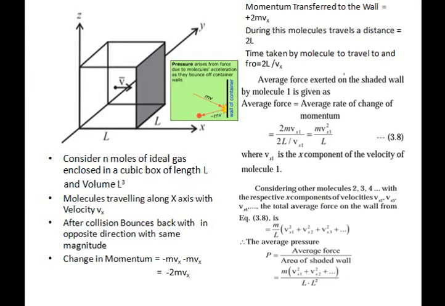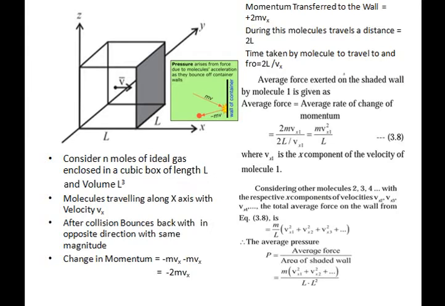Now in a similar manner, we have n number of molecules with their x components given by Vx2, Vx3, Vx4 up to Vxn. The total force exerted on the wall is given by m divided by L in brackets, Vx1 square plus Vx2 square plus Vx3 square up to Vxn square.